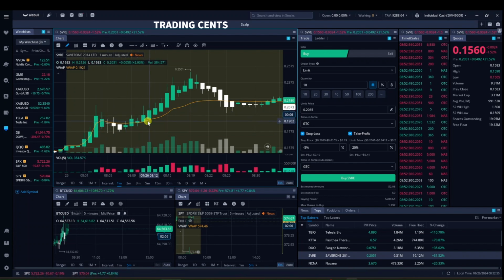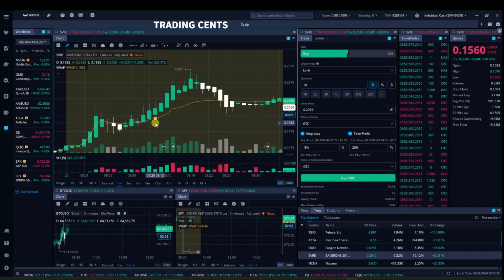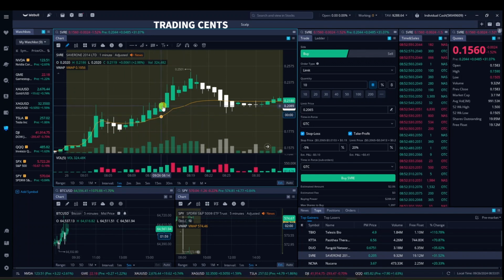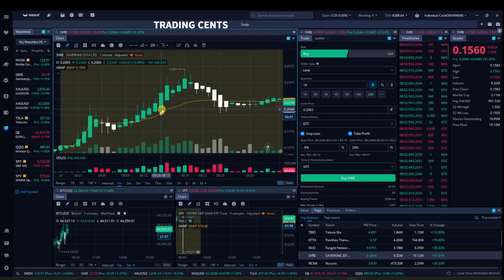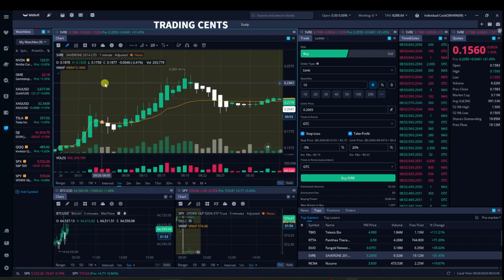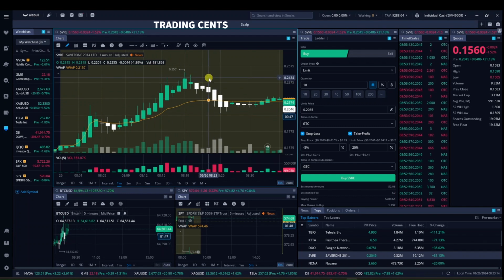Even though I have a small account and I take small positions, I still trade very conservatively. I'm not a crazy, hey, just throw it all in there and let's get this home run. I don't trade like that. I tend to trade on the side of caution. So sometimes I may get in actually later than I should.